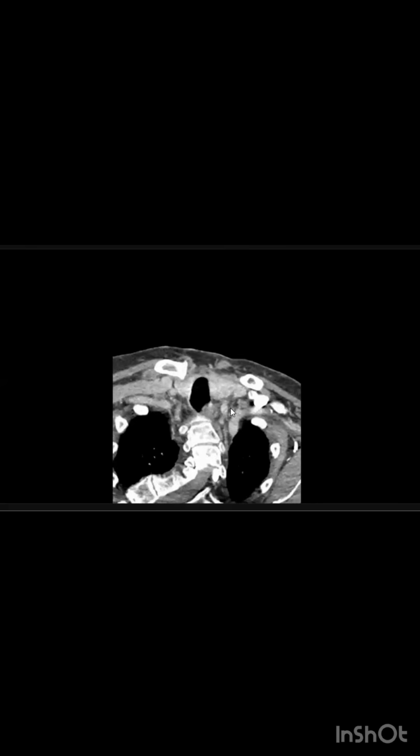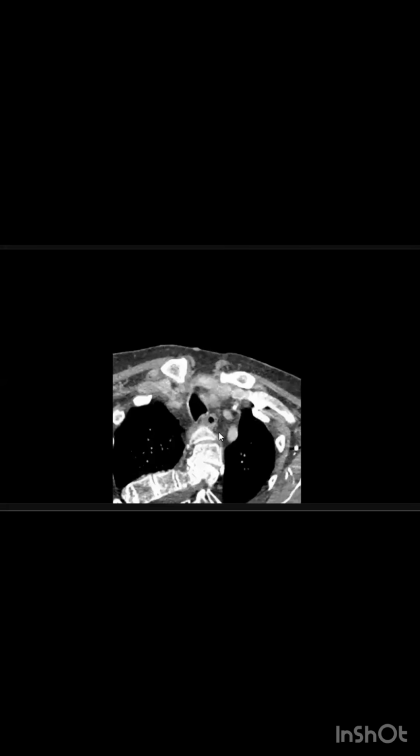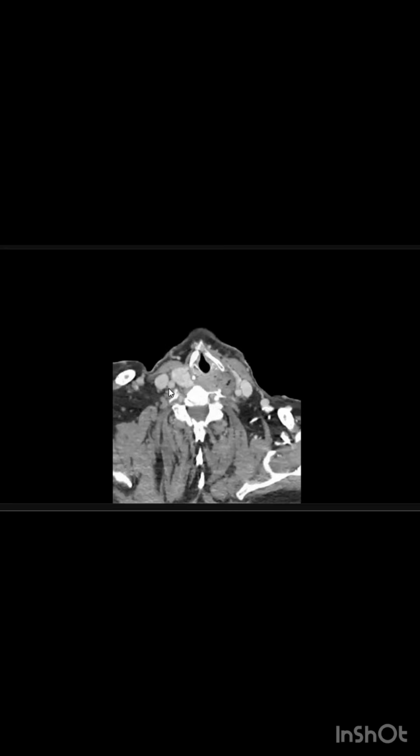The other finding I asked the candidate about: there is marked scoliosis of the dorsal spine, and if you look at the subcutaneous tissue, you will find multiple nodules. So in this case, it is a left Killian-Jamieson diverticulum of the esophagus in a known case of NF1 with marked scoliosis.